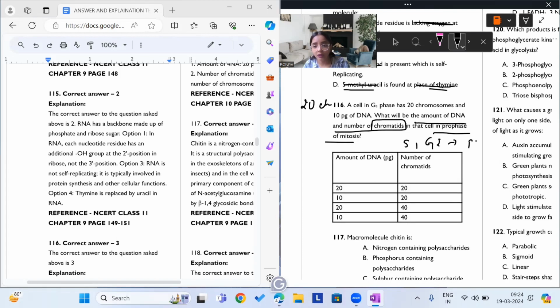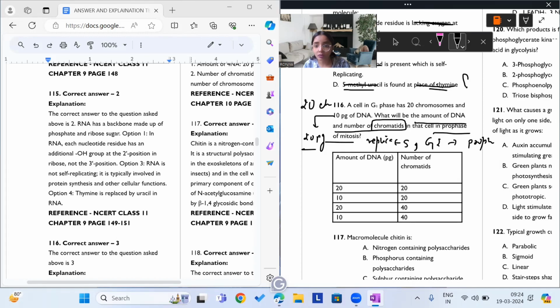In S phase, replication of DNA occurs. That means amount of DNA doubles. So DNA is 10 picogram, it will become 20 picogram. But number of chromosomes remain same. Nothing happens to number of chromosomes. That is why the number of chromosomes remain 20 only. But have they asked number of chromosomes? No, they have asked number of chromatids.